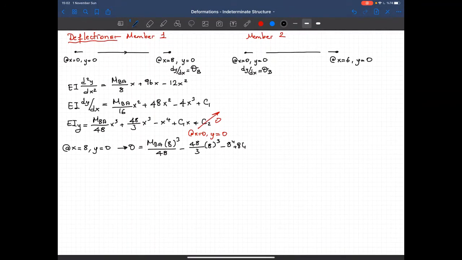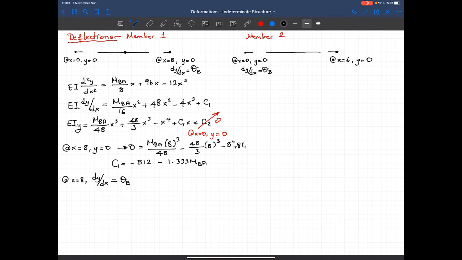And from that equation I obtain C1 as equal to minus 512 minus 1.333 MBA. Okay, and then I want to write or relate MBA with the rotation at B. So I will use that boundary condition. So I'll say that at x equal to 8, dy over dx equal to theta b.